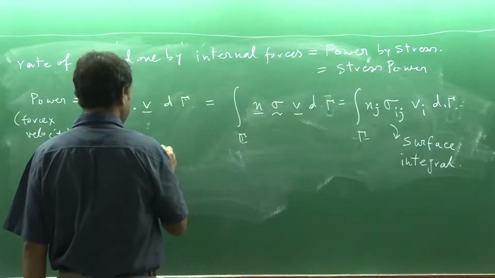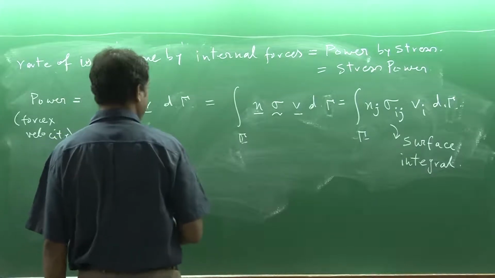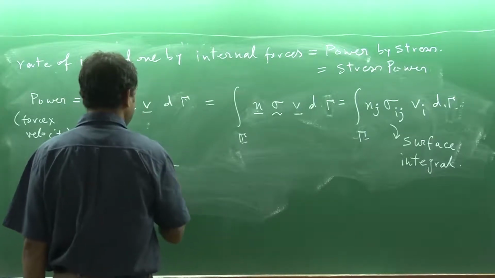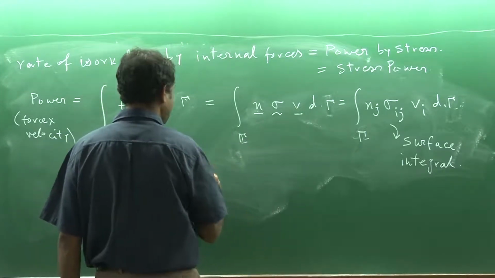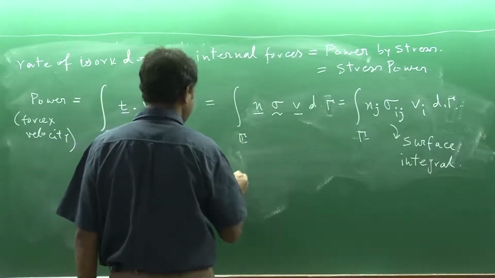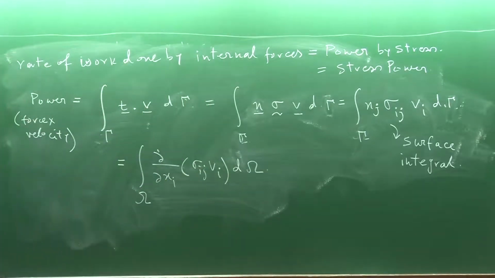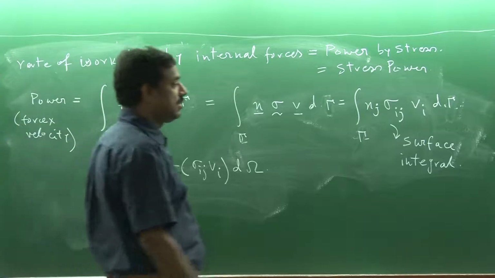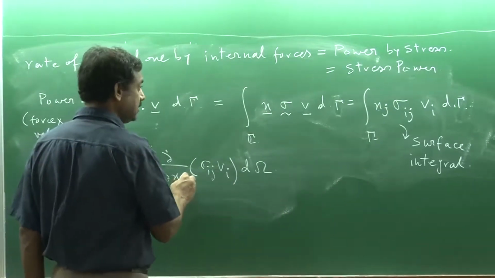So, what I can do is take the del, with everything in terms of the deformed configuration xj. So, sigma ij, vi, and t. Can you do that? You see that the unit normal is nj, so the derivative will be with respect to xj.